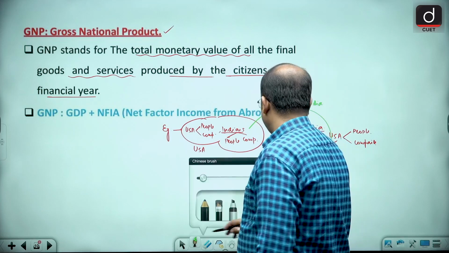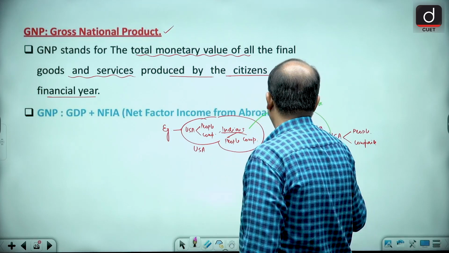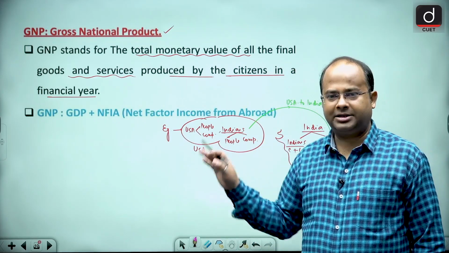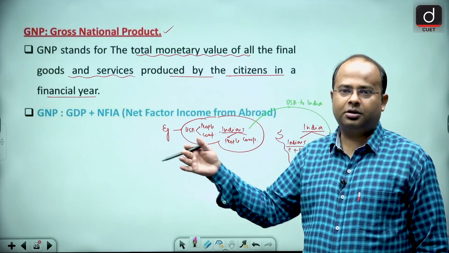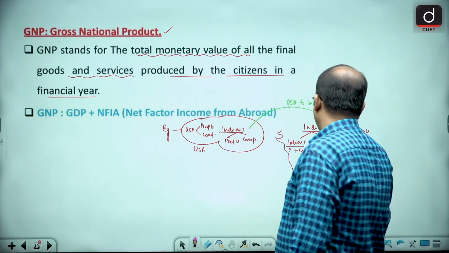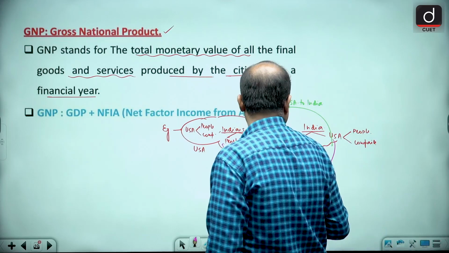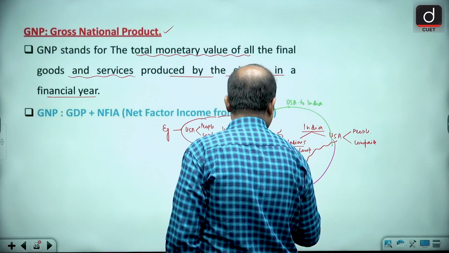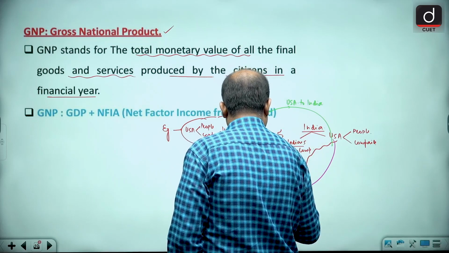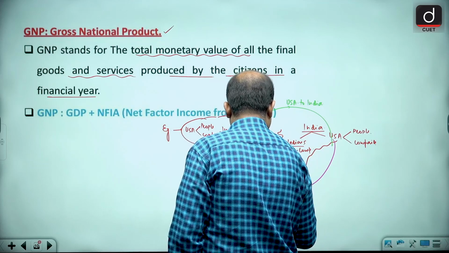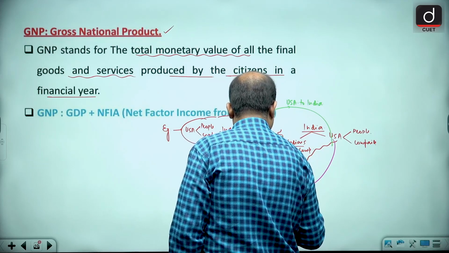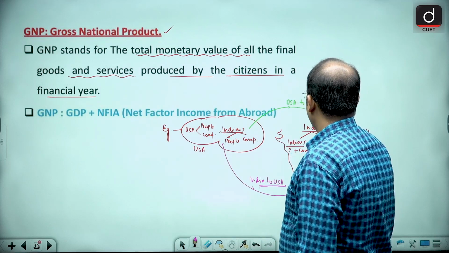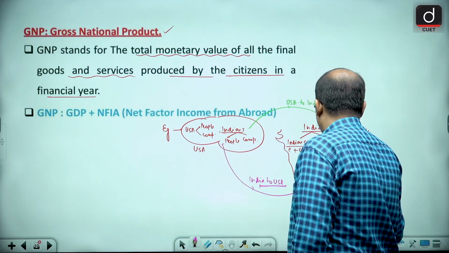The same thing happens with the Americans as well. Whatever the US people earn in India, after paying the necessary taxes and duties, the rest of the profit they will send to their own country. So it will be USA to India, or India to USA. This is called export.